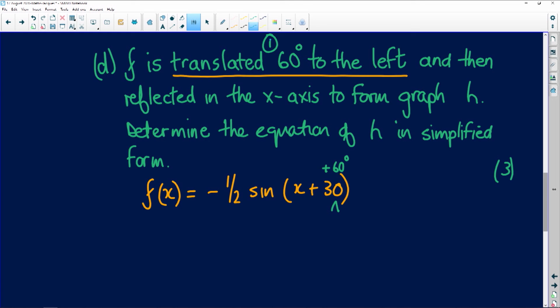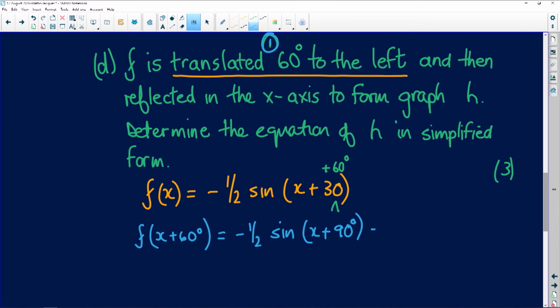So let's do it in the color blue. The first transformation changes f of x into, it's not yet h, so f of x plus 60 in this case will be minus a half sine of x plus 30 plus 60, which is 90. Oh, and that is a beautiful reduction formula.